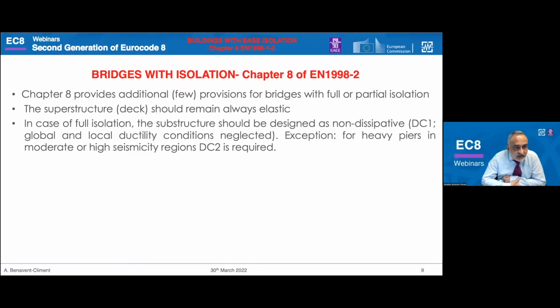And in the case of full isolation, the superstructure should be designed as non-dissipative, I mean, with ductility class 1, except for heavy piers in moderate or high seismicity regions where ductility class 2 is required.